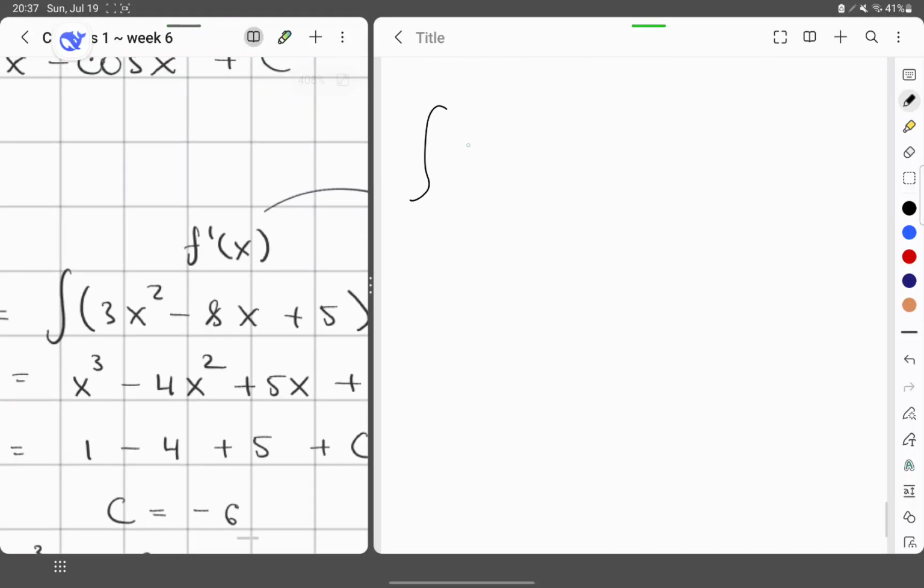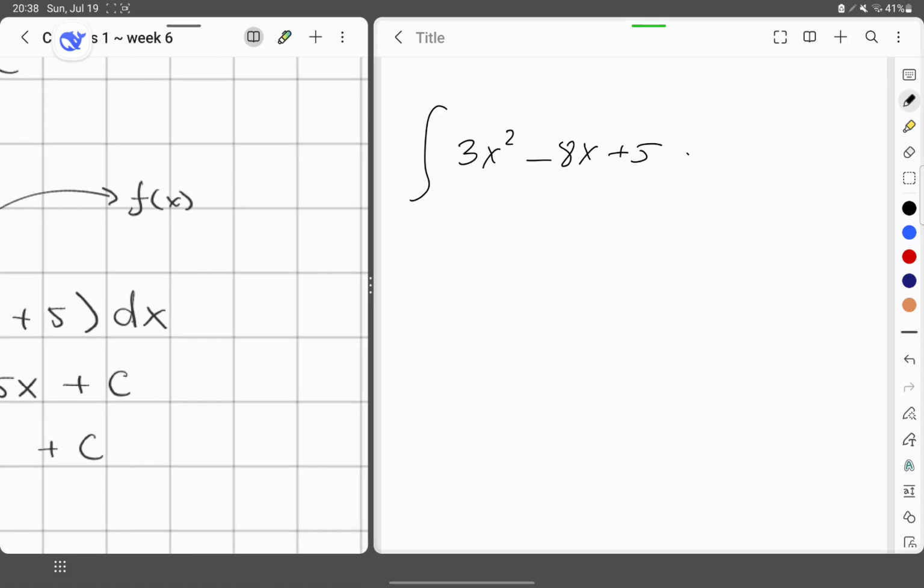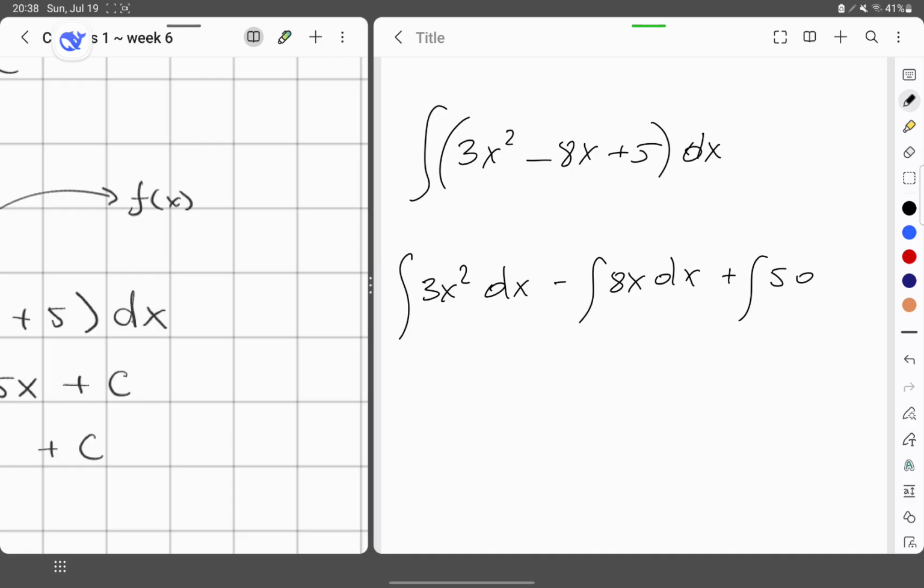So example 3. The integral of 3x squared minus 8x plus 5 dx. So again, our rule is that 3x squared dx minus integral of 8x dx plus integral of 5 dx.